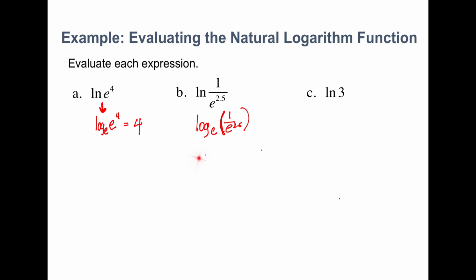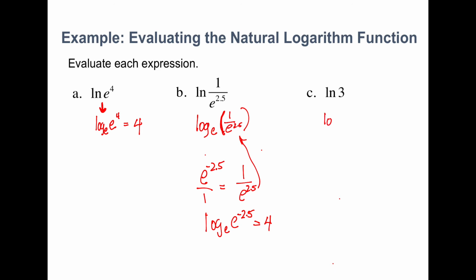Remember that when we move things to a denominator, it's because the exponent is negative. In other words, e to the minus 2.5 is equal to 1 over e to the positive 2.5. So another way I could look at this is log base e of e to the negative 2.5, and then this follows the same problem I had previously. We know that the negative 2.5 is the outcome there.